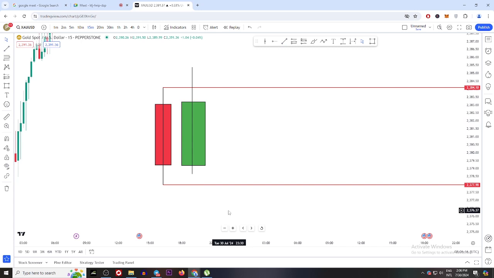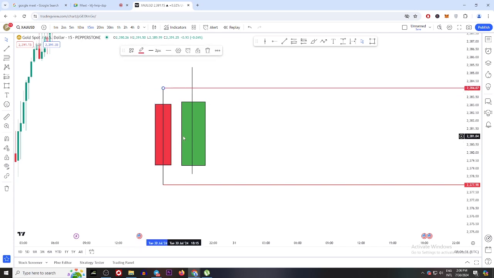As the first candle is red, we look for the combination, which is the green color, until the red candle's high, this particular area, is broken by the body of a green candle. This particular green candle did not break the high with its body.